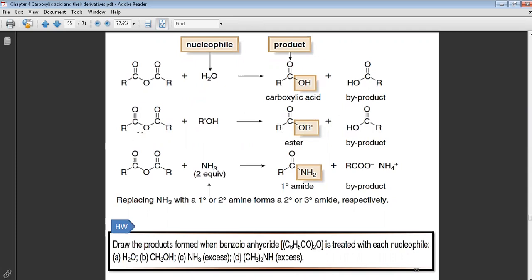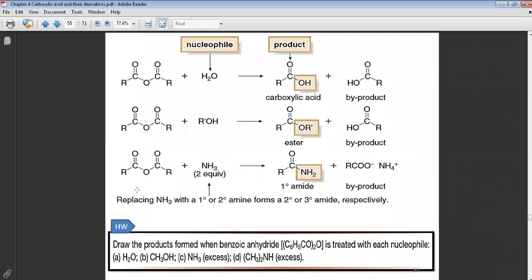If the anhydride reacts with alcohol, one of the products will be an ester, and the other will be the carboxylic acid side product. If the anhydride reacts with ammonia, NH3, it will give you a primary amide, and the side product is the ammonium acetate product.